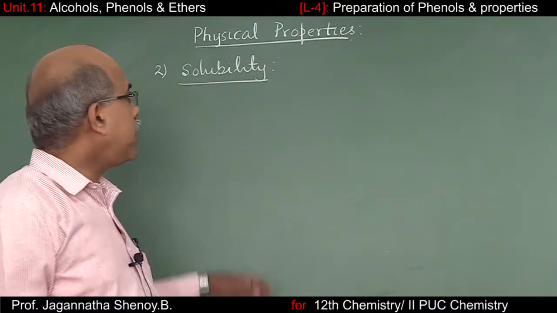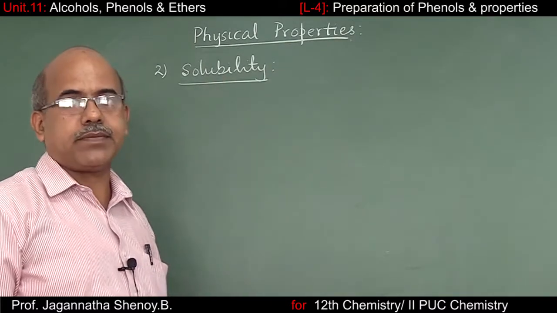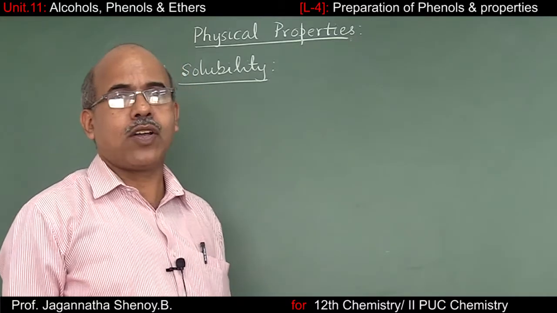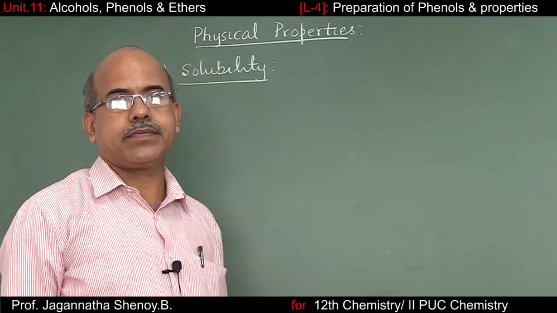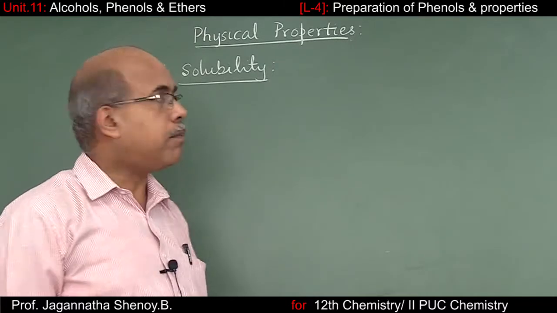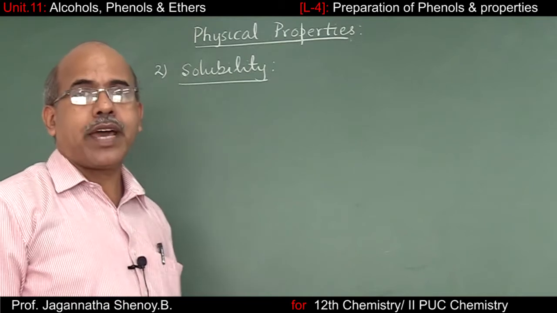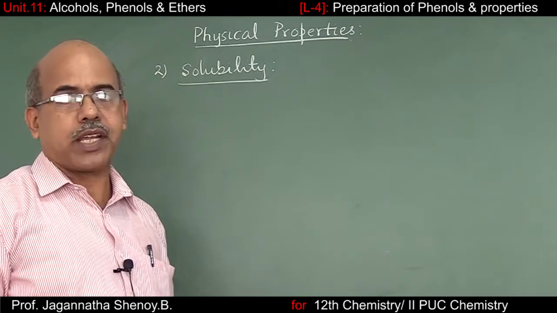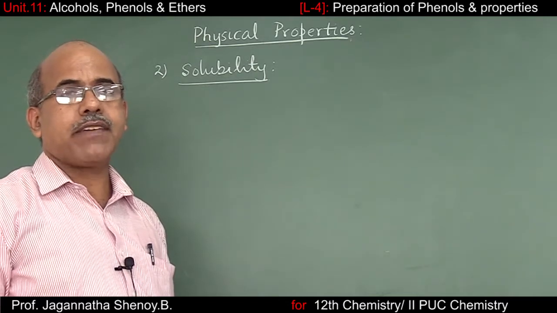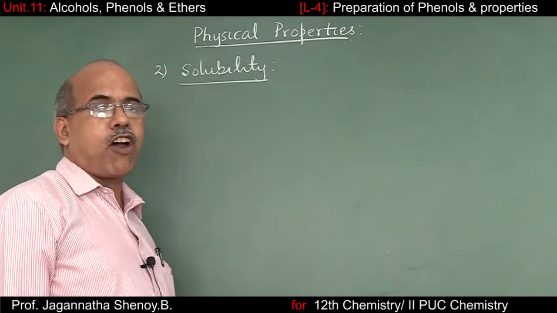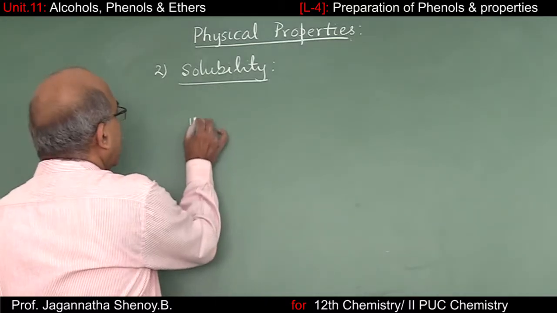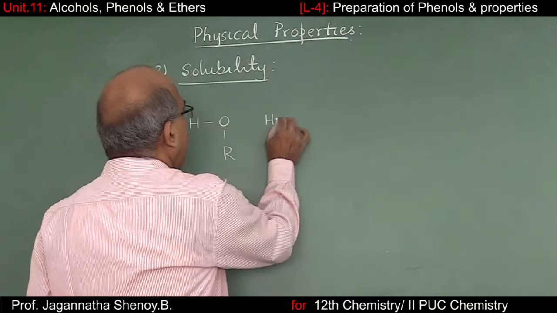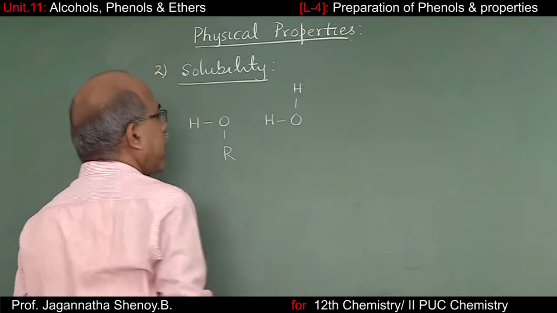The next physical property we are going to consider is solubility. Remember, lower alcohols and lower phenols are soluble in water. Why are they soluble in water? Because they are able to form relatively stable intermolecular hydrogen bonding with water molecules. I'll show how exactly alcohol molecules form hydrogen bonding with water. One molecule of alcohol, I'll represent it like this, and one molecule of water, I can represent this way.